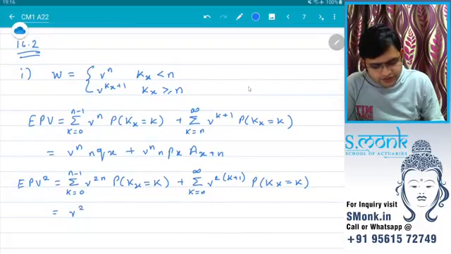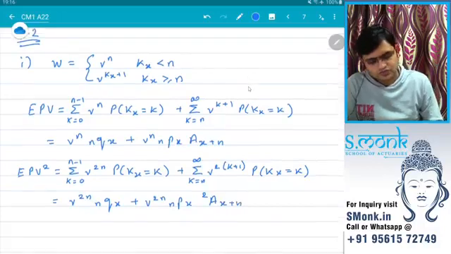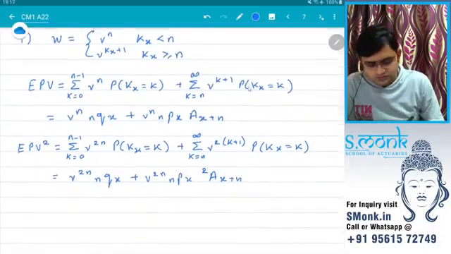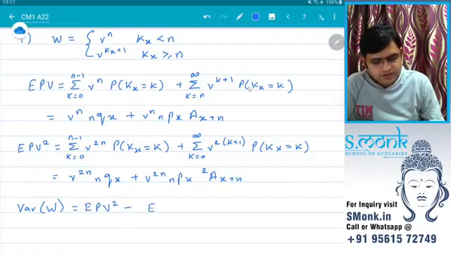This will just be v raised to 2n nqx, and then plus, here we'll get v raised to 2n npx 2ax plus n. Variance will just be expected present value square minus expected present value whole square.